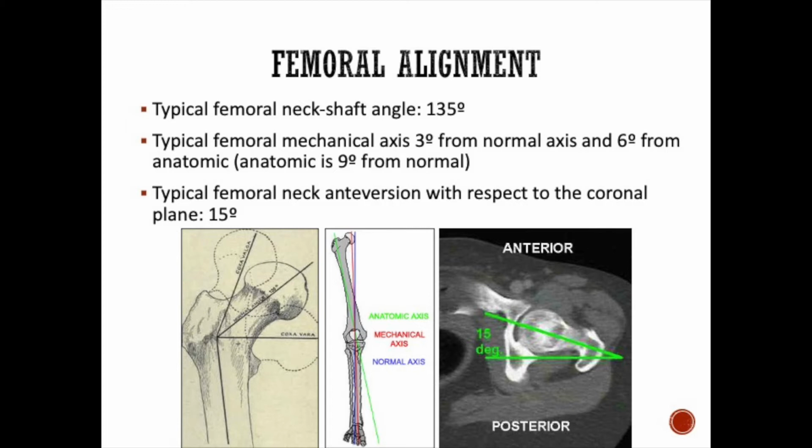The typical femoral neck anteversion with respect to the coronal plane is about 15 degrees. All of this is sort of what helps define the center of the rotational axis of the hip that helps us ultimately align the extremity, which comes into play primarily with computer-assisted navigation.